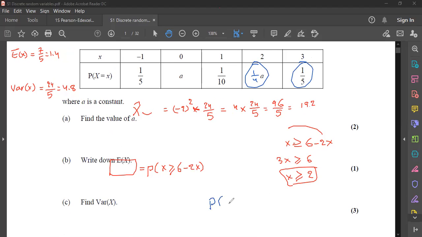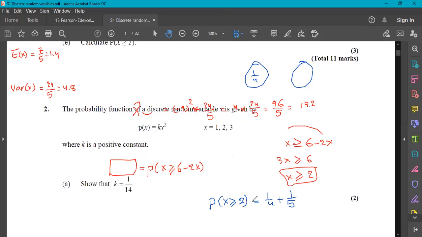So the probability of x greater than or equal to 2 is equal to 1 over 4 plus 1 over 5, and then we add them up. Okay, I think the question is over, yes.